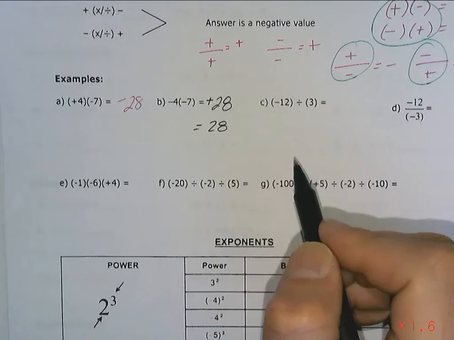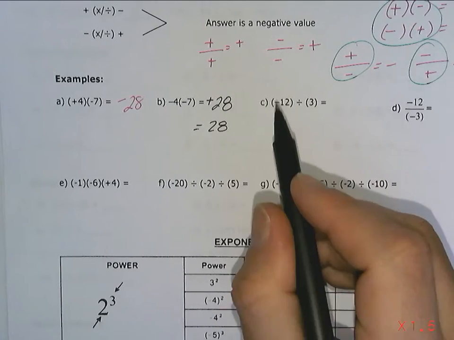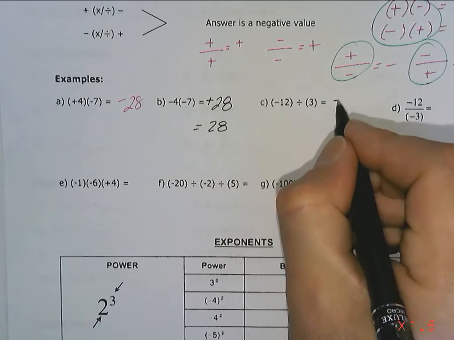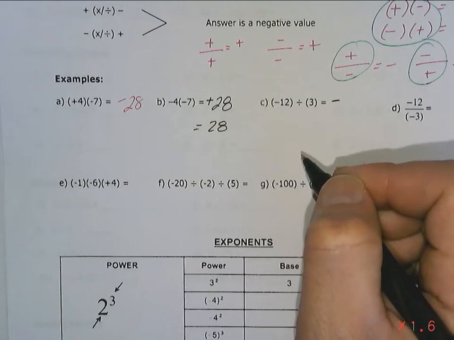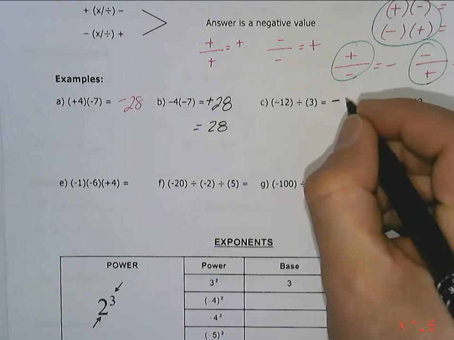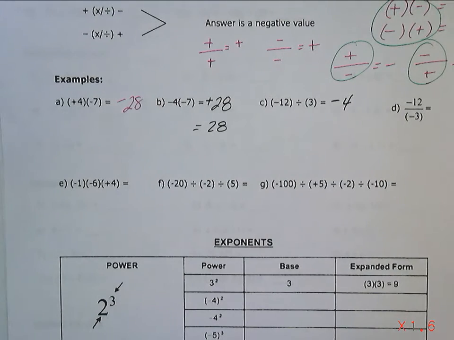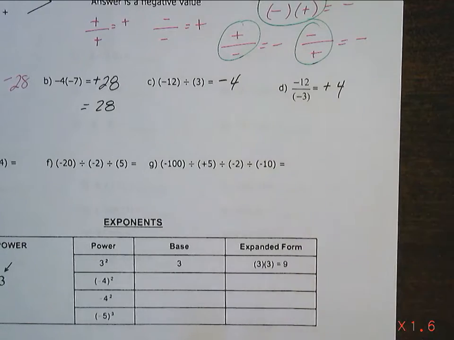Negative divided by positive. So the signs are different, so the answer is going to be negative. See how I did that separately? And then it's 12 divided by 3 is 4. I like to do the number first, not the sign first, but it can be done the other way around. 12 divided by 3 is 4. Negative divided by negative is a positive, or we just write it with a positive.